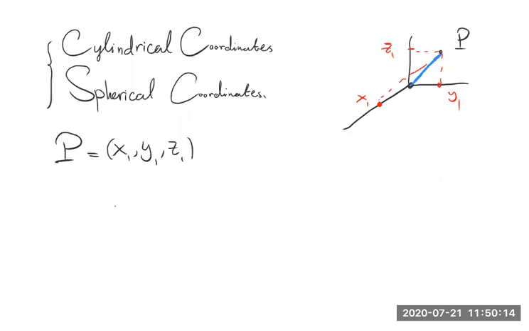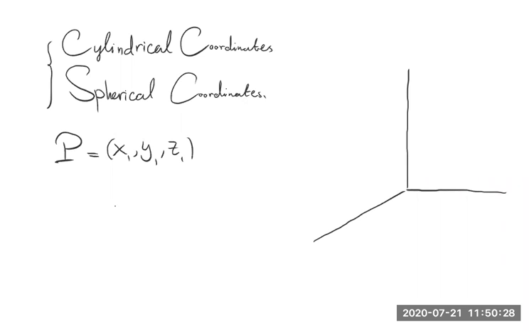Now, I'm not sure if my drawing is really clear, maybe it's a little confusing. It's better to draw it more carefully. So this is the y-axis, this is the x-axis, this is the z-axis, x, y, z. And suppose I have a point with some coordinates, x1, y1, z1.